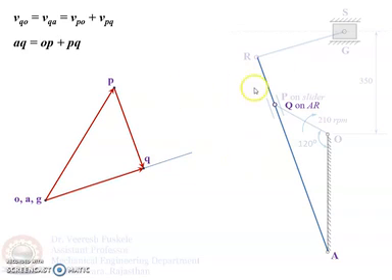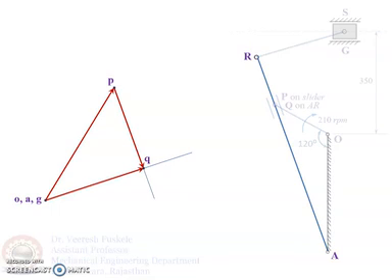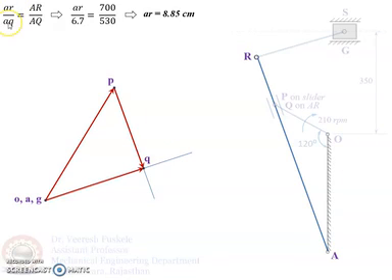Next, we have to plot the point R on the velocity diagram. As the point R is on the extended link AQ, so we can plot the point R by taking the ratio of the length of the links as follows. AR upon AQ will be equal to the length of the link AR divided by the length of the link AQ. So the AQ vector is measured, which will be 6.7 centimeter nearly.